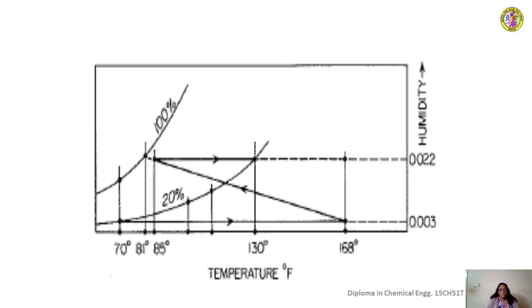So what we have done here is convert the air sample having a temperature of 70 degrees and humidity 0.003 kg water per kg dry air to a mixture having a temperature of 130 degrees centigrade and humidity of 0.022 kg water per kg dry air. That is how you can represent the humidification operation on a humidity chart.